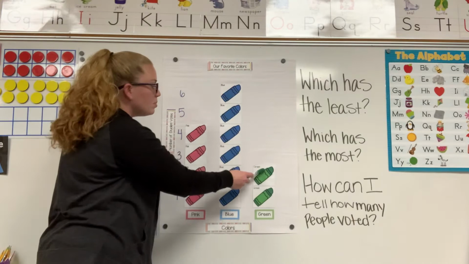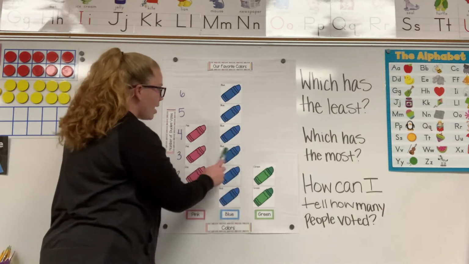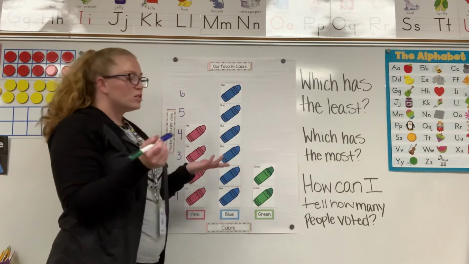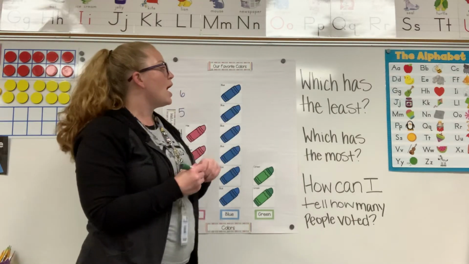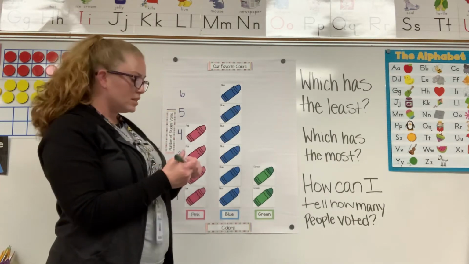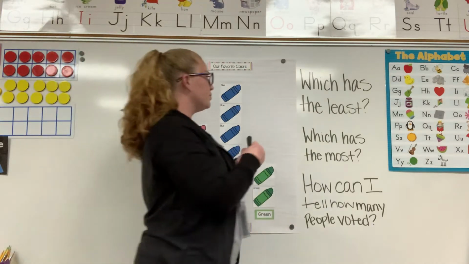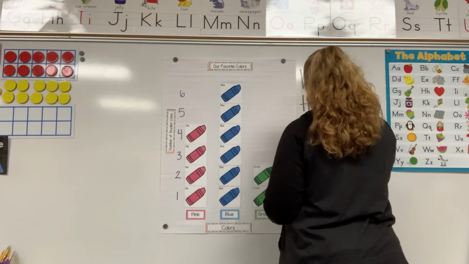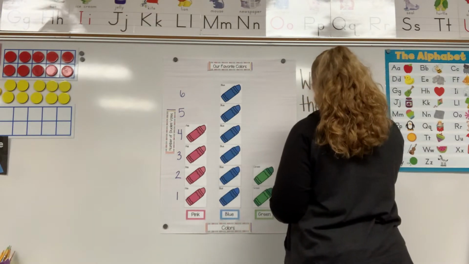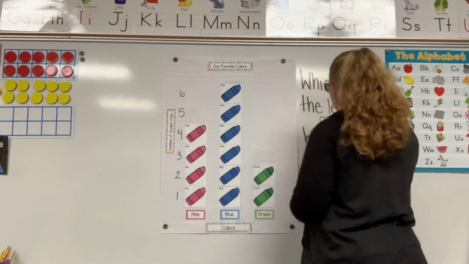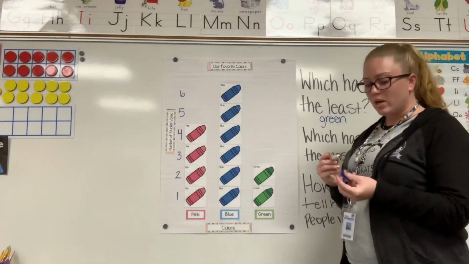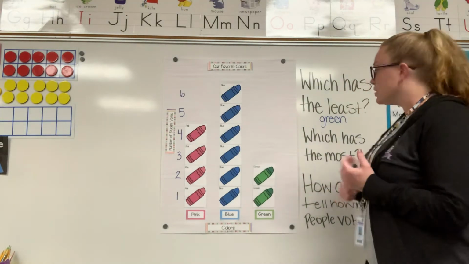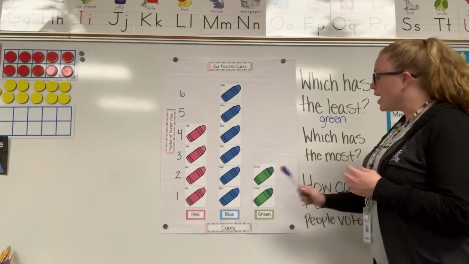So green would be the least because it does not have a match to go with the pink and the blue right here. So our answer to which color has the least would be green. So I'm going to write over here the word green. Some of you might have worked on that word a couple of days ago in one of our reading lessons. Green, it has the least.